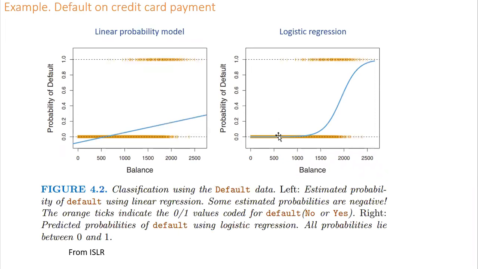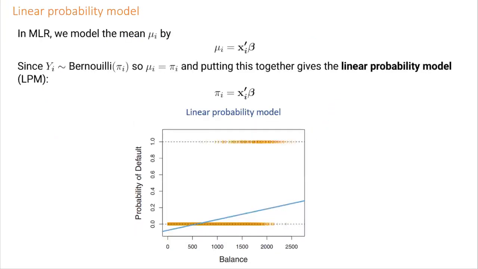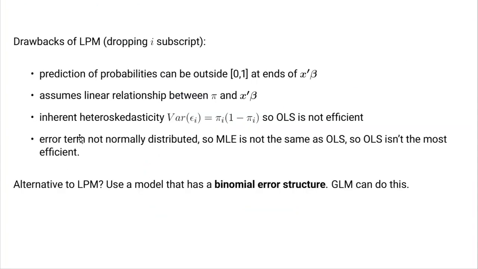You can see in the logistic model that you can have a non-linear relationship. There's inherent heteroscedasticity, but that's not really an issue, since you can deal with that using robust errors, so that's not too crucial. The error term is not normally distributed, so the MLE is not the same as OLS here, and OLS is not the most efficient.